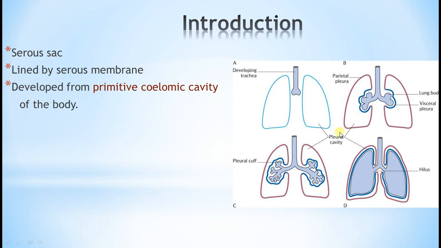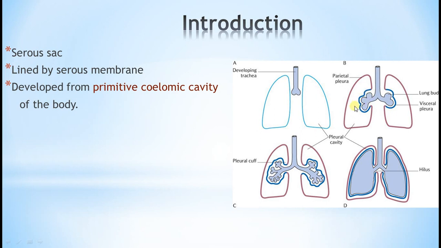Okay, so the lung is actually pushing these two layers, and thereby you get two layers of the pleura. So nothing is present in between these two layers, it is only the pleural fluid which is present, because the cells lining these layers secrete the pleural fluid.